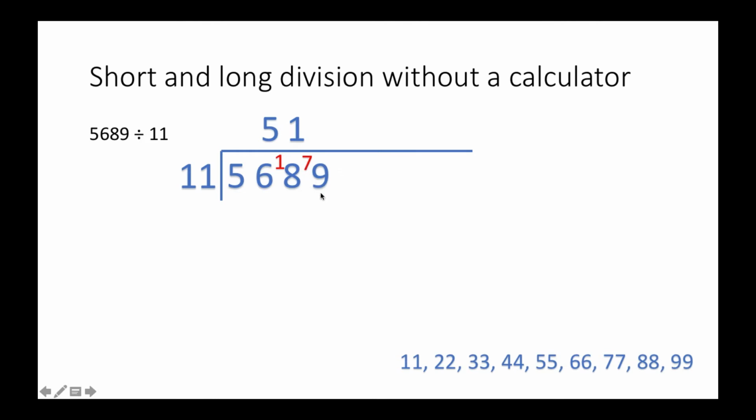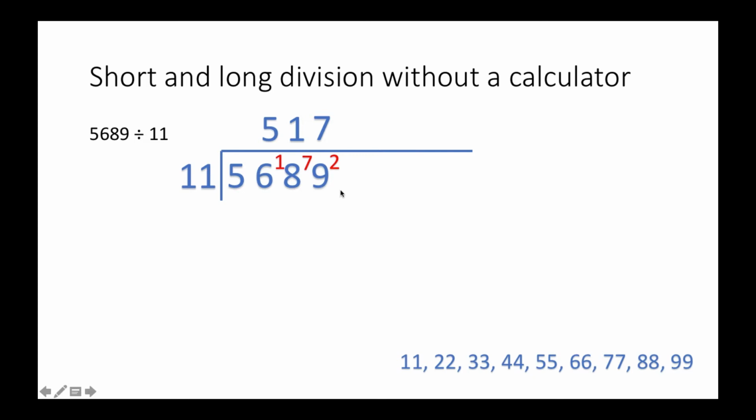Now I've got 79. If I look at my 11 times table, the closest I can get to 79 is 77. So that's 1, 2, 3, 4, 5, 6, 7. So 7 goes there. And my remainder from 77 to 79 is 2.